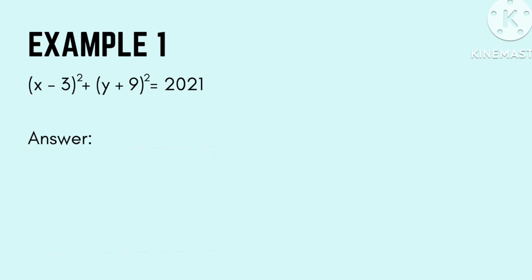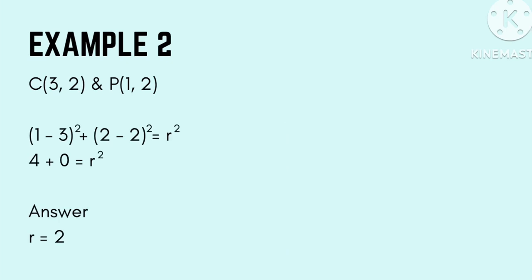Since our center is our (h, k), that means our h is 3 and our k is negative 9. Why? Because in the standard equation, it is written as x minus h and y minus k, meaning that it's supposed to be the opposite of the integer. Plus, our radius would be the square root of 2021, since in our standard equation, we have r squared.